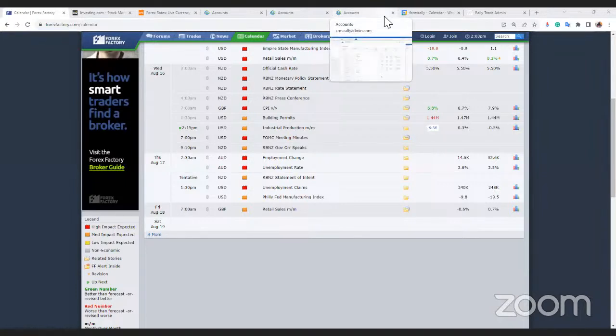So the result of this FOMC is going to be like the previous one. And if you check very well, the previous one came out dovish. So it means that today's meeting is mostly going to be dovish also. Just go through it and check how the market reacted. Exactly the way the market reacted is how it's going to react today by 7, but just in a lower way.